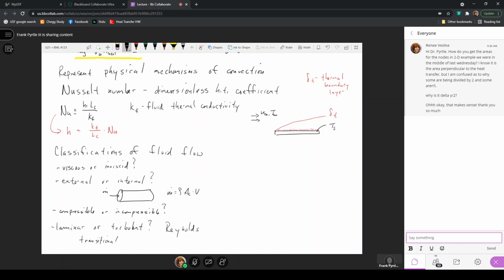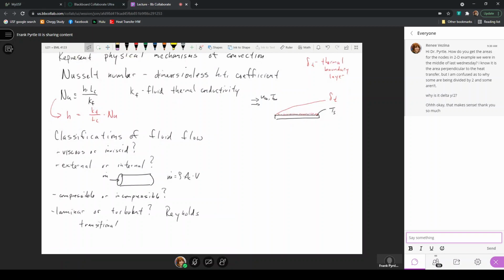For our calculations, we're only going to consider it to be laminar or turbulent, just based on the calculation of a Reynolds number.